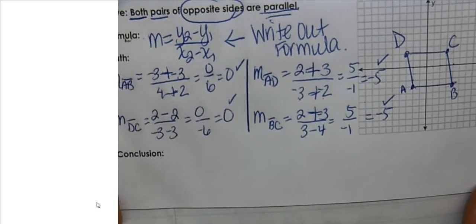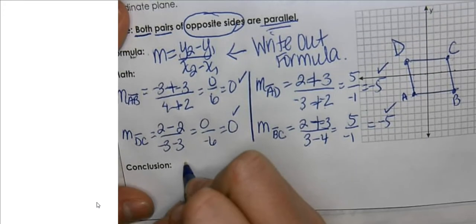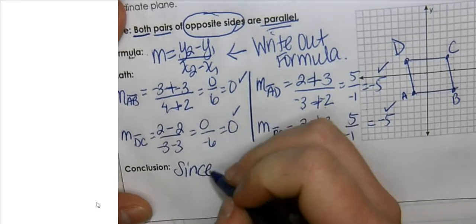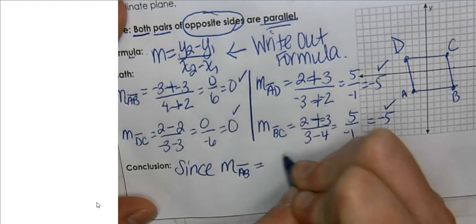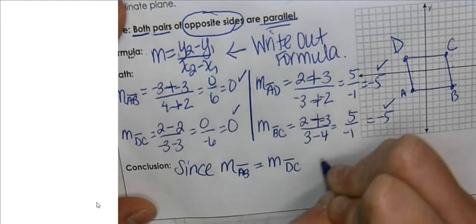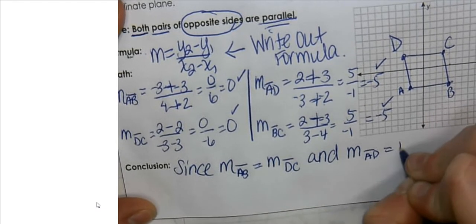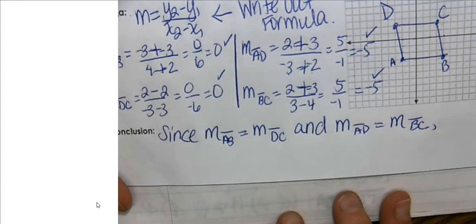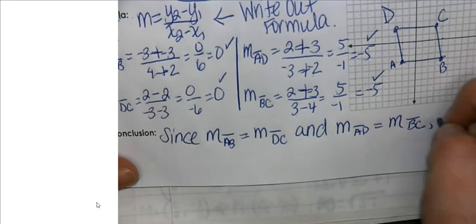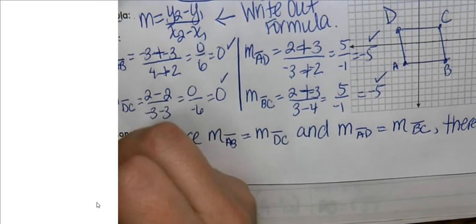Now I'm ready to write a conclusion. My conclusion is, since the slope of AB is equal to the slope of DC, and the slope of AD is equal to the slope of BC, therefore opposite sides are parallel.